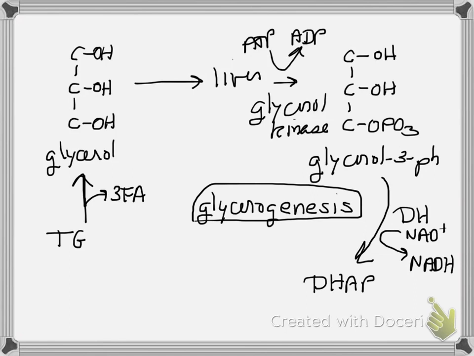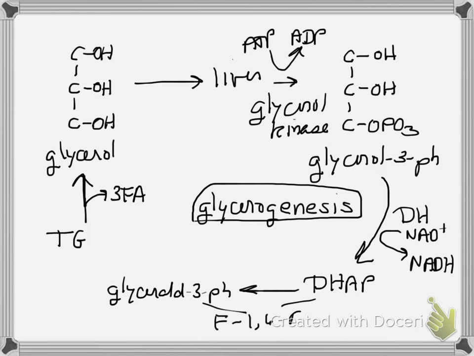The DHAP will then isomerize into glyceraldehyde 3-phosphate, and then these two combine into fructose 1,6-bisphosphate, and on up we go to glucose synthesis.